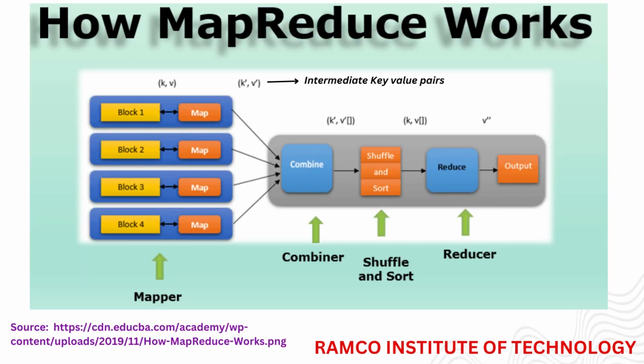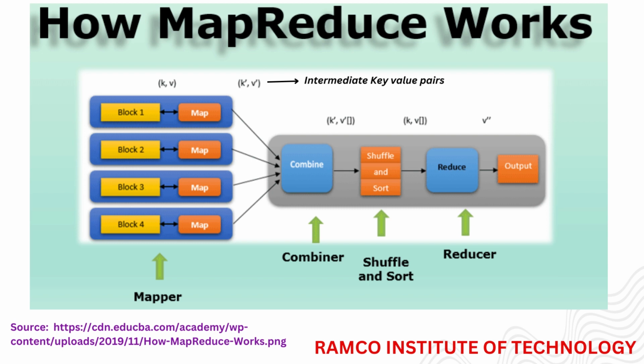So how does MapReduce work? The MapReduce architecture has four different components: mapper, combiner, shuffle and sort, and then reducer. Initially, input from each block gets split up to be processed by the mapper.